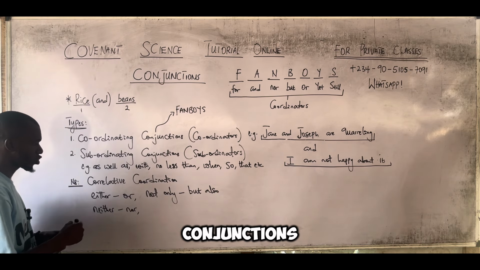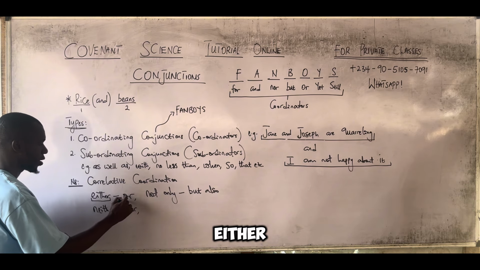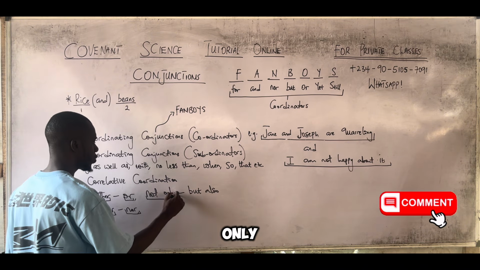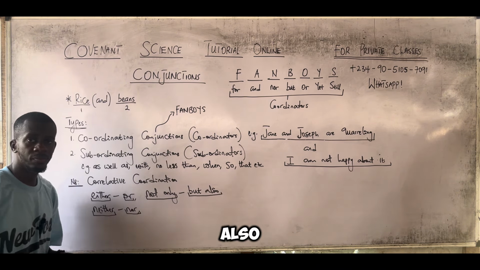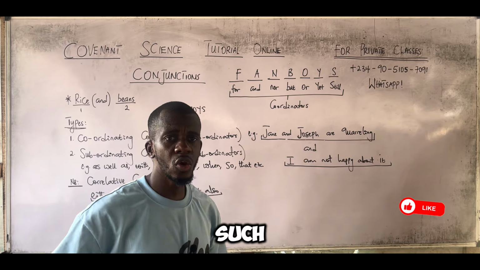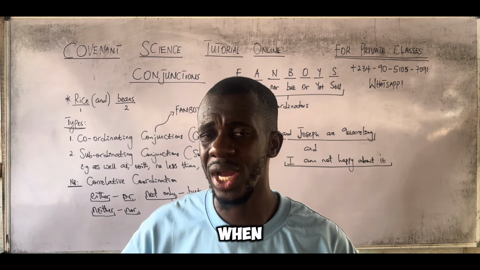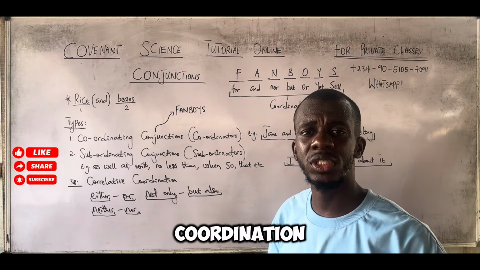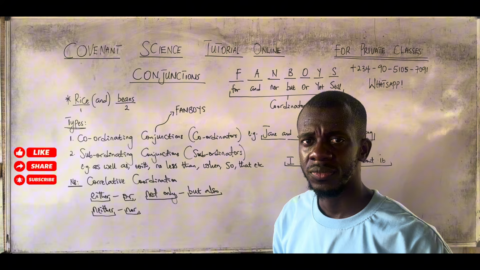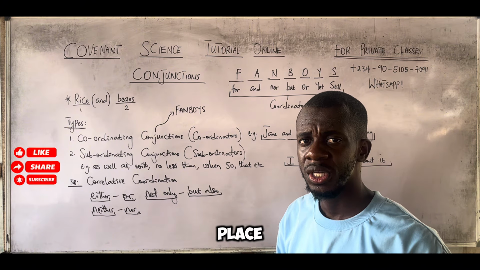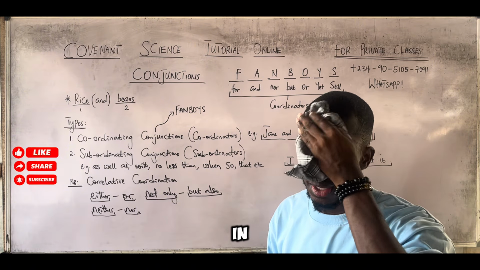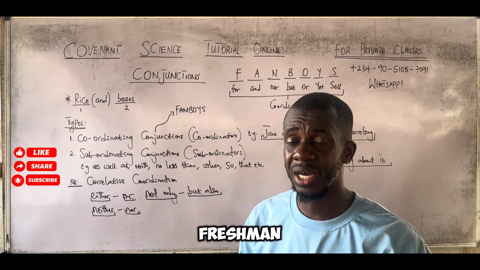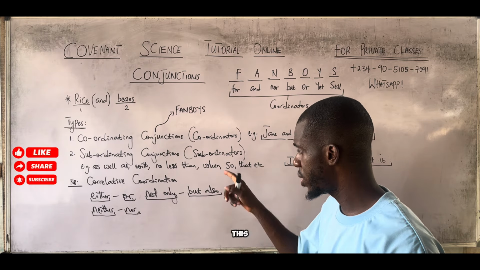These are conjunctions that go in pairs. When such usage occurs in a sentence, correlative coordination is said to have taken place. This is crucial, especially for persons at the advanced level, that is, in any tertiary institution, as a freshman or freshwoman. You need to know this.